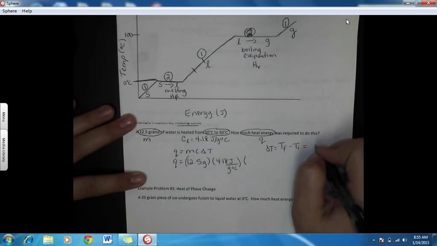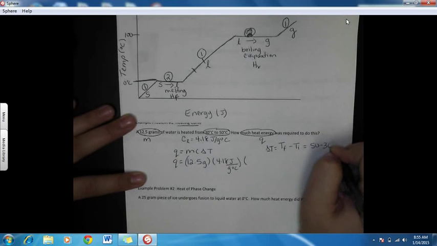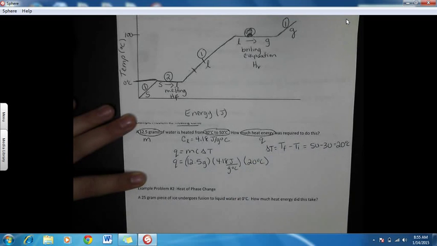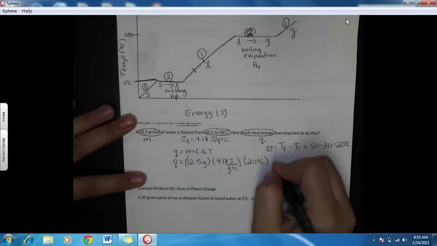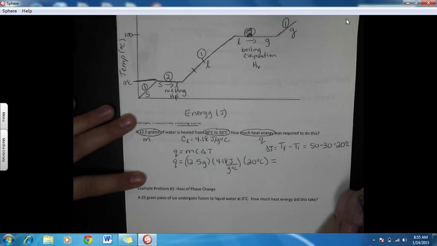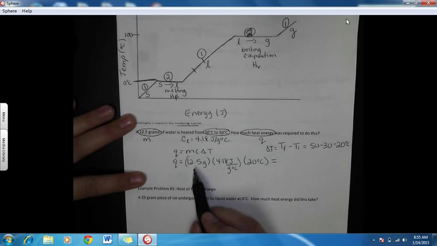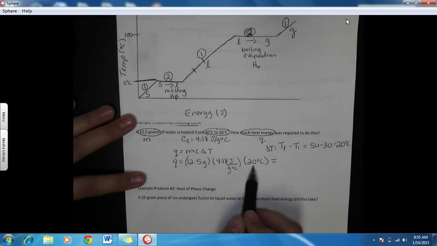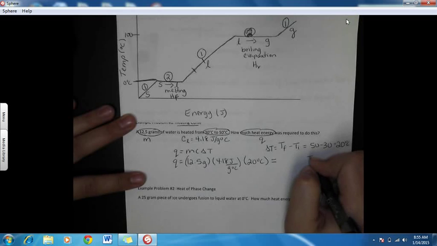And so in this case, that would be 50 minus 30, a positive 20 degree change. Alright, so then we use our calculators and we multiply 12.5 times 4.18 times 20, and we determine the number of joules.